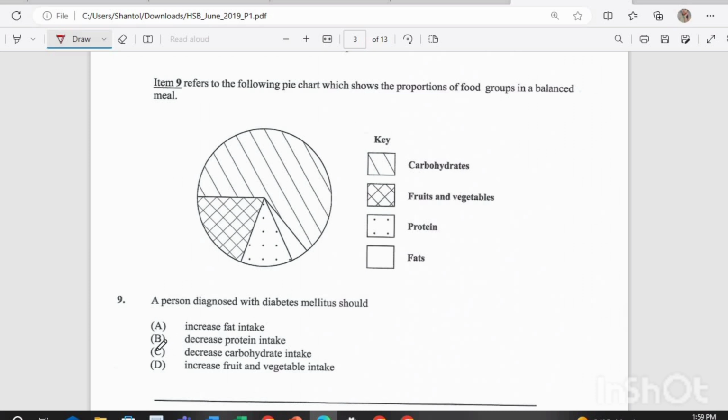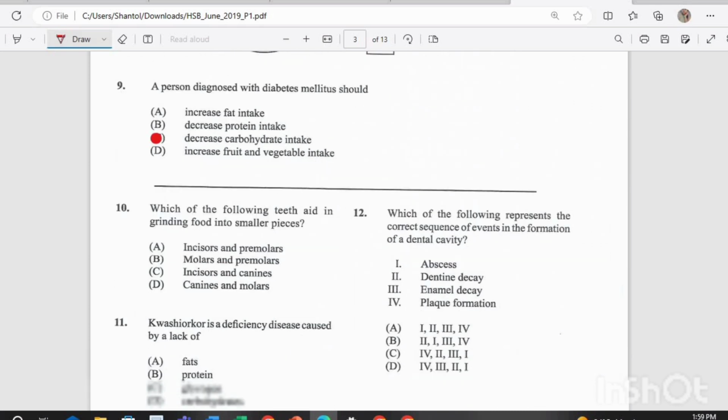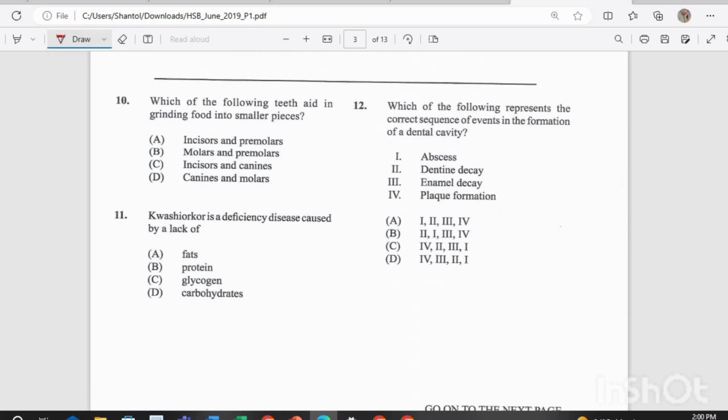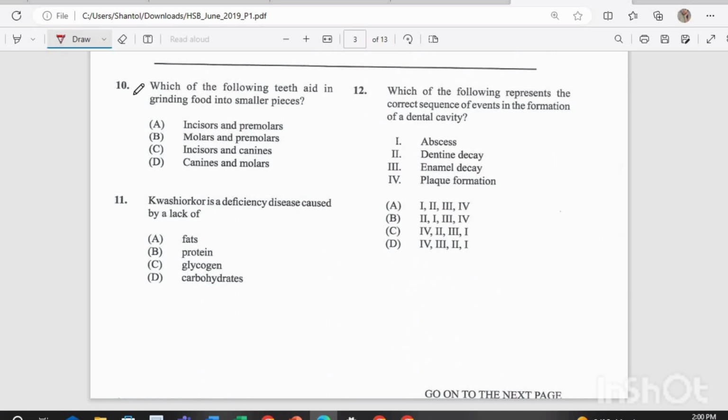The answer is C. decrease their carbohydrate intake. Remember, diabetes is when you have high blood sugar, so carbohydrates are broken down into simple sugar, so you want to reduce that.